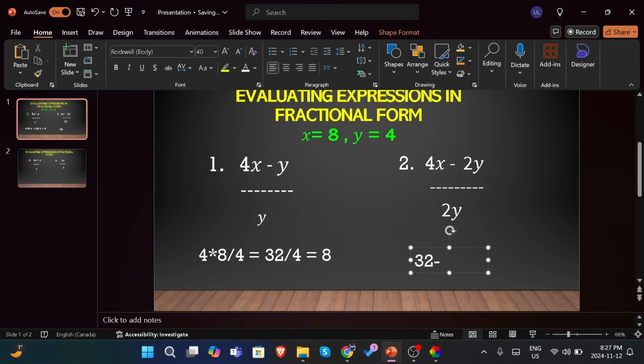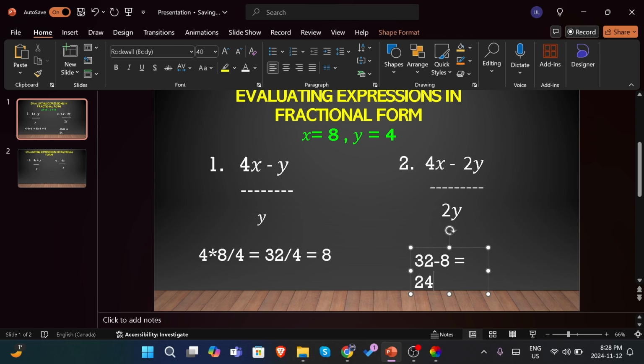So 2y is 2 times 4, which is 8. So 32 minus 8. What is 32 minus 8? It is 24.